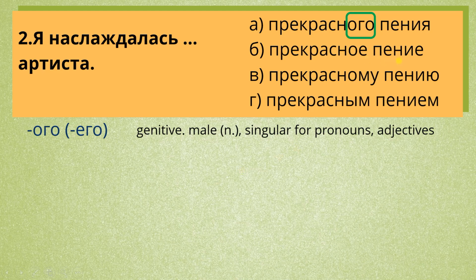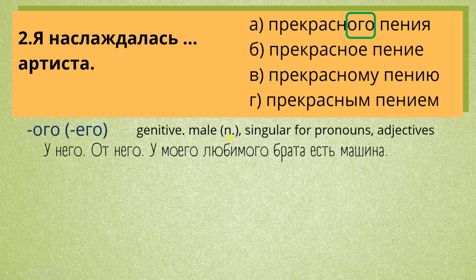Here we have пение, singing, and пение is neutral. So we need to focus not on male, but neutral gender. У него, от него, у моего любимого брата есть машина. Look at those endings. First we have an adjective, любимого.